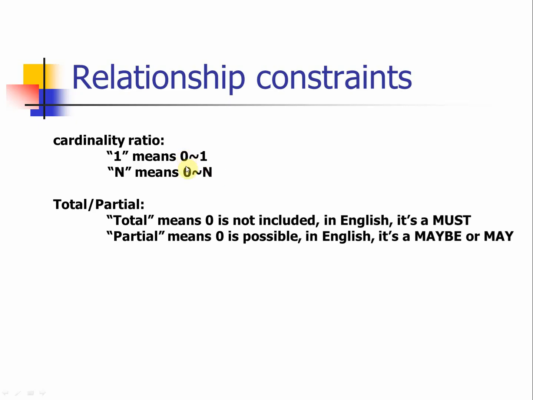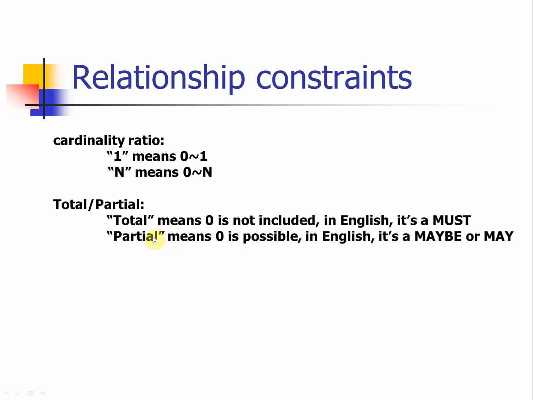How do we specify whether 0 is there or not? We need to use the total and partial constraint. If we put a total, which means a double line, that means 0 is eliminated, which says that you have to have exactly 1. So if we put two things together, a double line and a 1 on the other side, that means everyone has to have exactly 1 participation here.